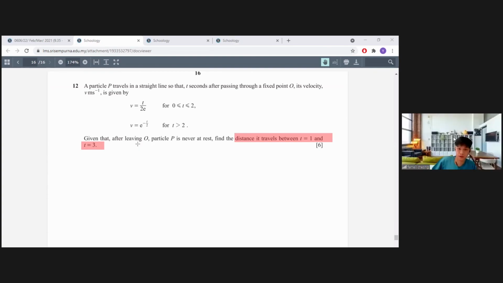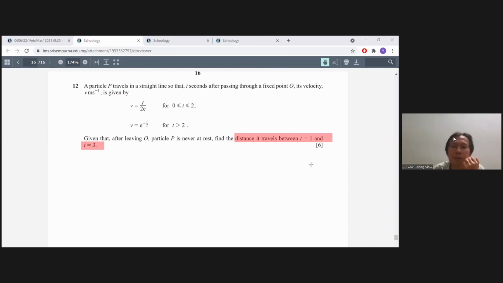Then, after that, time 3 minus time 1. Okay, that's how you do. You can follow this method, but the second part is tricky there. I think the first part, okay, can we do this? Okay, we try to finish this.